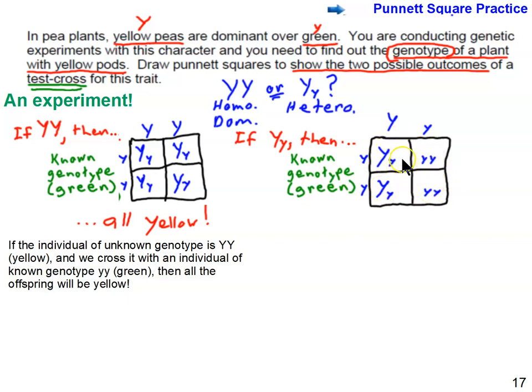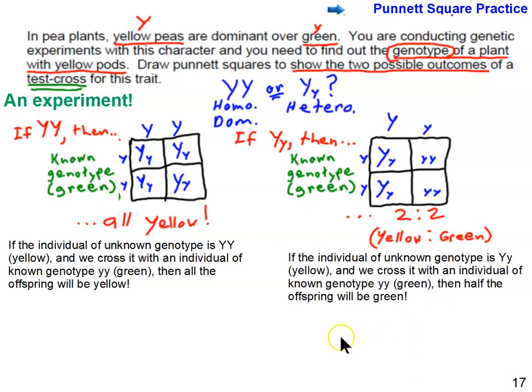And that would tell us that the individual is not homozygous dominant, it's heterozygous, if there are any green plants at all in the offspring. So it would be a 2 to 2 ratio, yellow to green. And here's the hypothesis for that. If the individual of unknown genotype is heterozygous yellow, and we cross it with an individual of known genotype, homozygous recessive green, then half the offspring will be green.